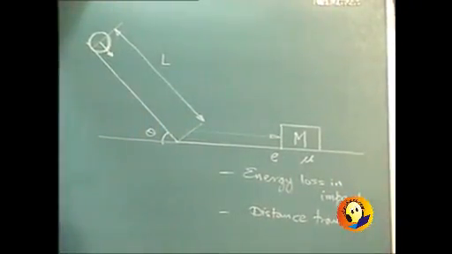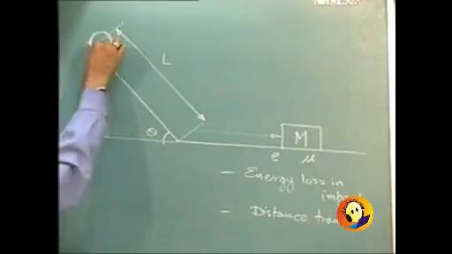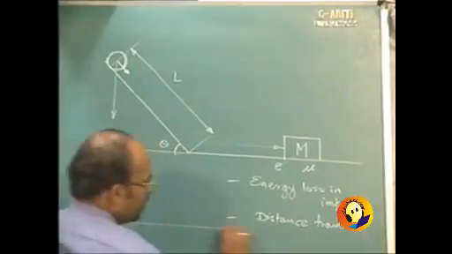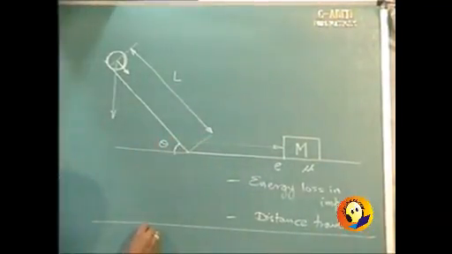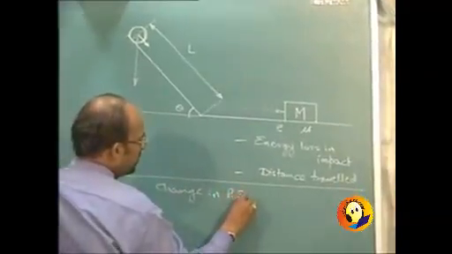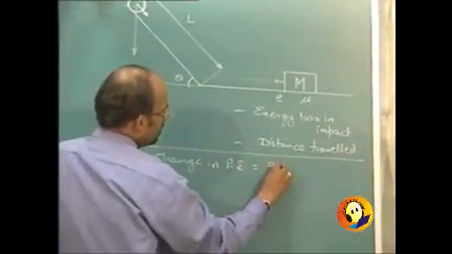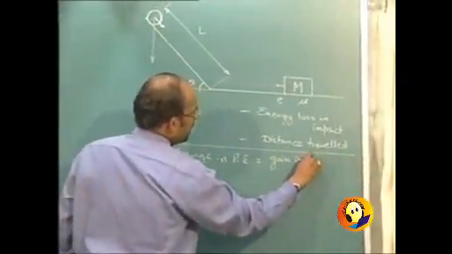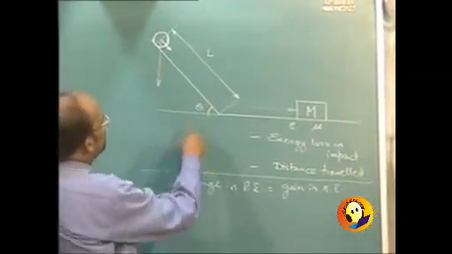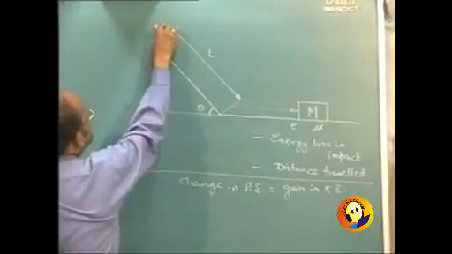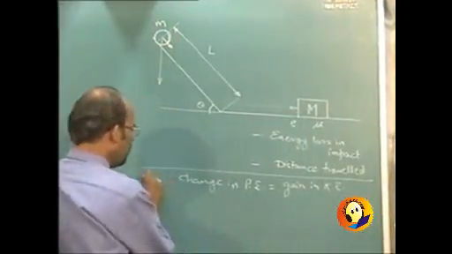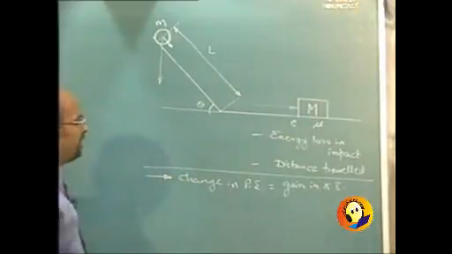Now again the problem will consist of, first of all, change in potential energy. When we try to solve this problem, the change in potential energy is equal to the gain in kinetic energy. So we can very well determine what is the velocity of this mass small m just before the impact. This principle we very well know.